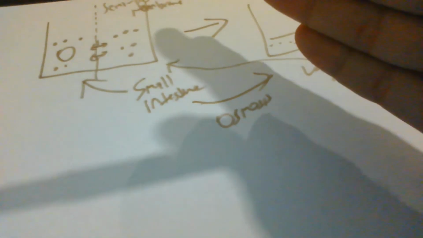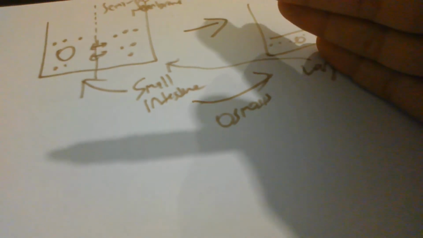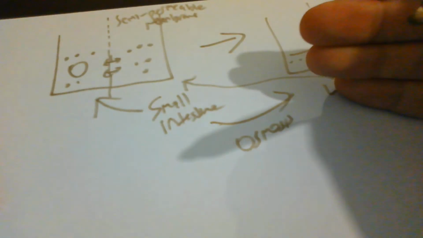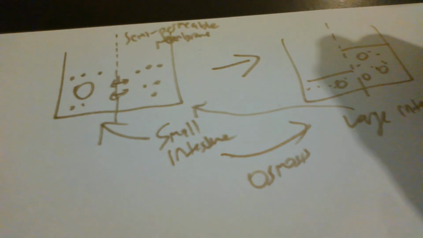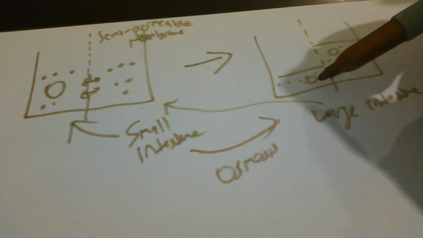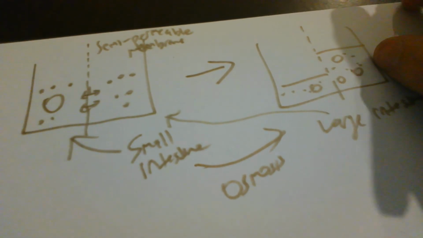So you get a higher concentration of particles in the large intestine. Eventually, water diffuses towards the particle-rich blood, right over here. And that's what I want to talk about in this lesson.